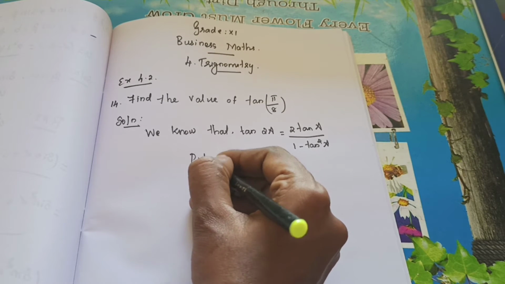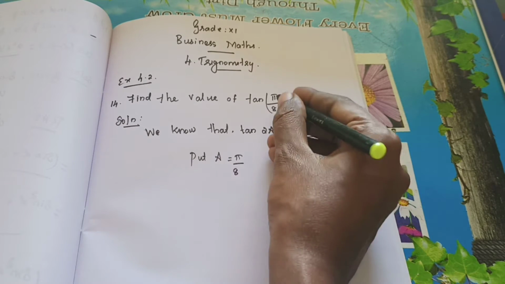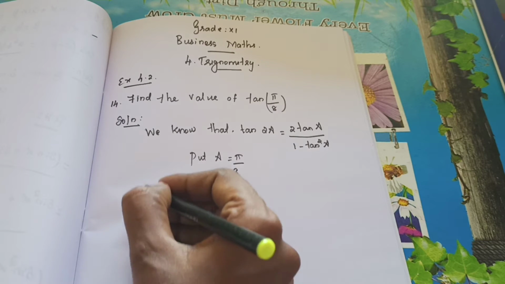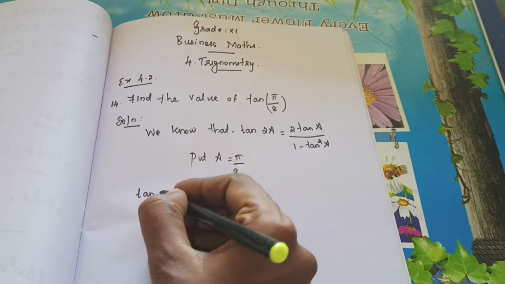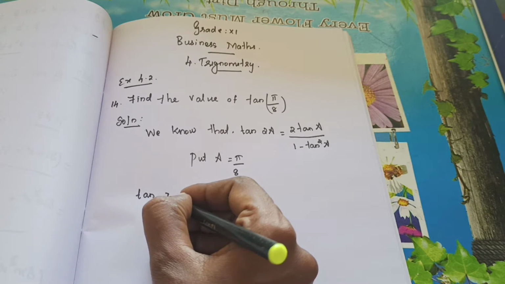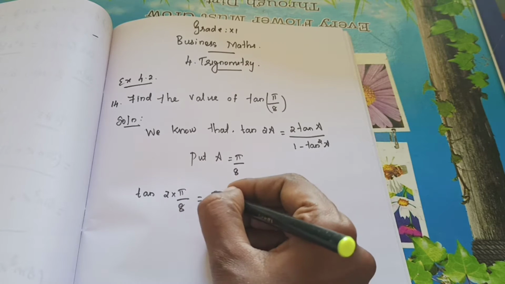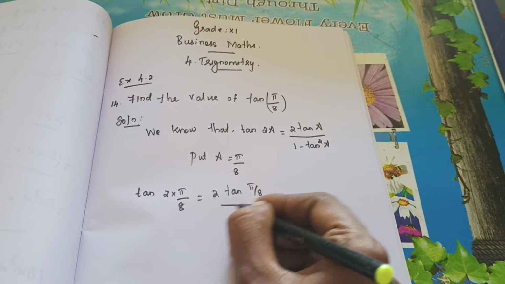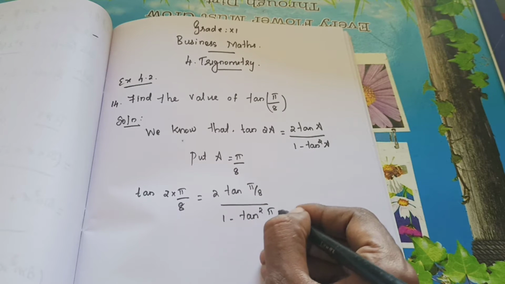Now we are going to put pi by 8 in the place of A, so we can substitute that same pi by 8 in the formula. So tan 2 into pi by 8 equal to 2 into tan pi by 8 divided by 1 minus tan square pi by 8.